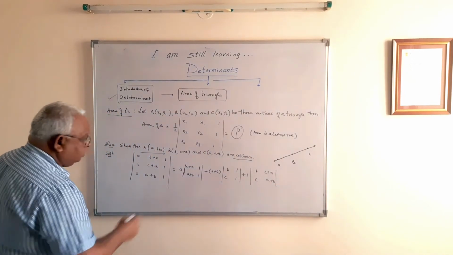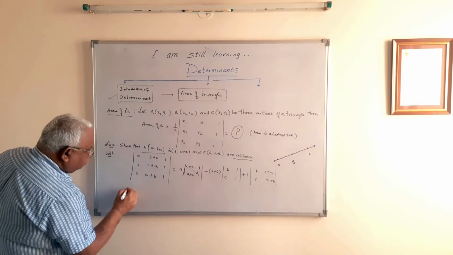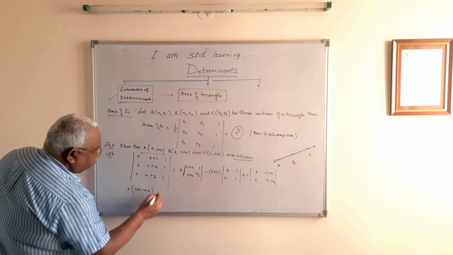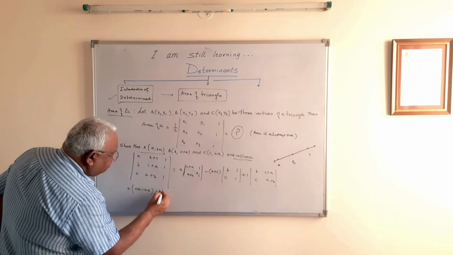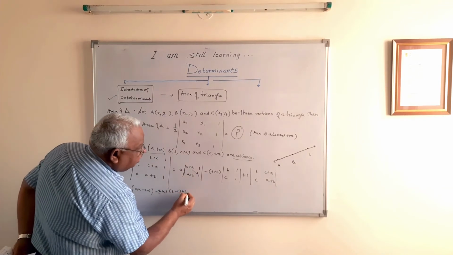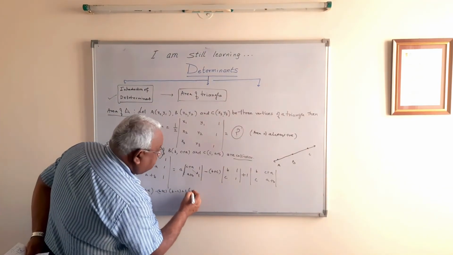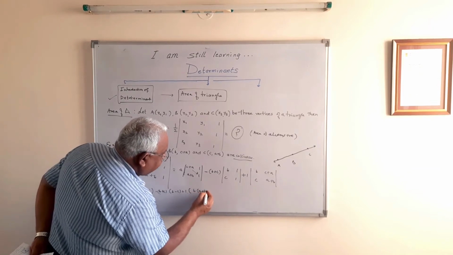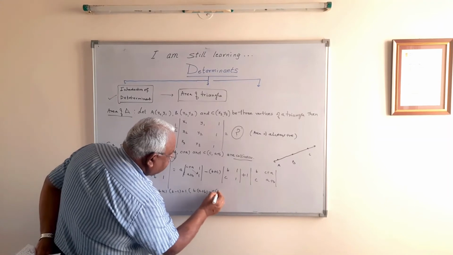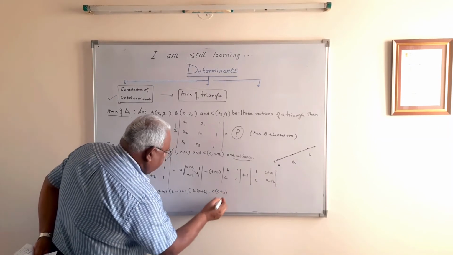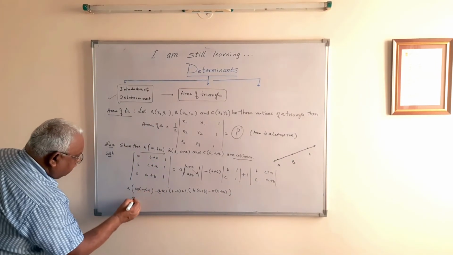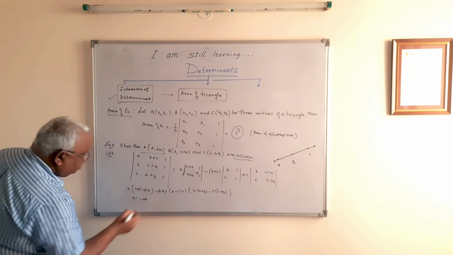Let us solve it. This is A into C plus A minus B. You can simply expand it. Minus B plus C into B minus C plus 1 into B times A plus B minus C times C. This A is gone. You get AC minus AB.